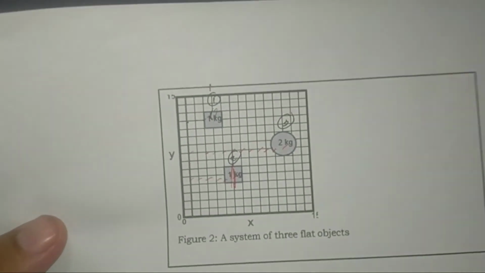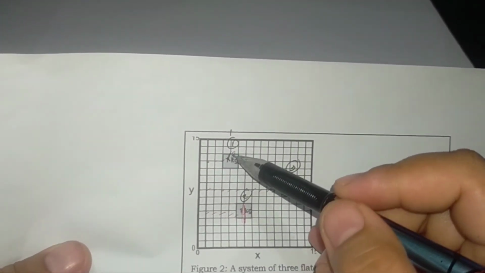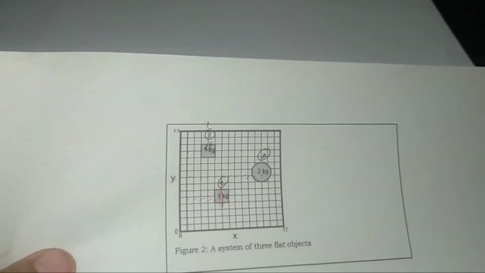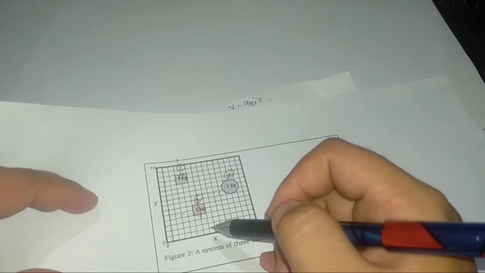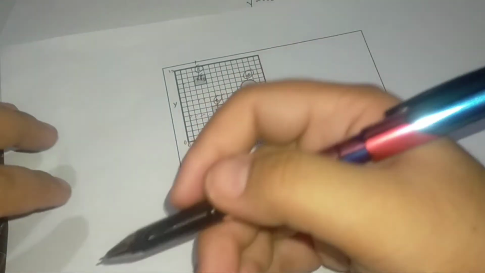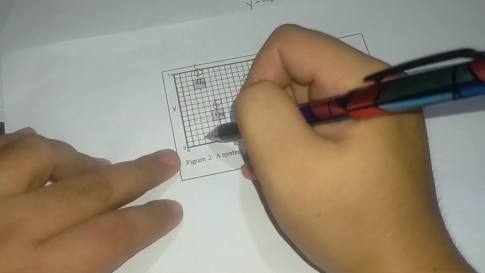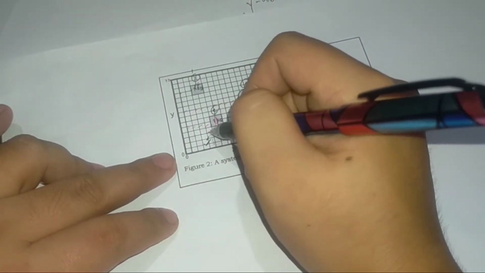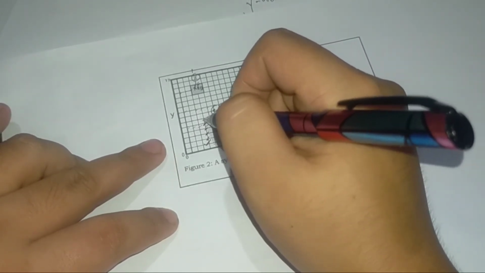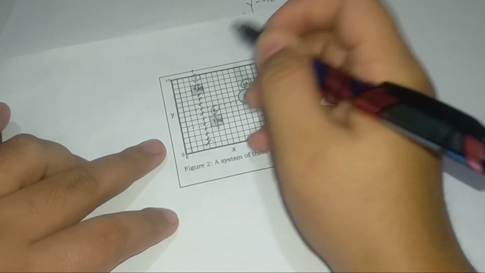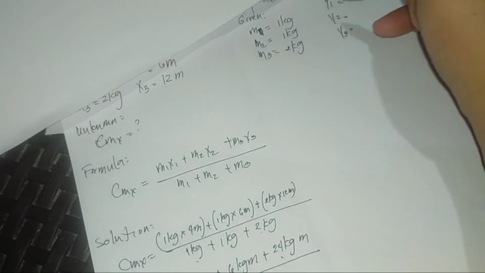Going y-axis naman tayo. So let's start with 1. Since this one is 0, start tayo doon. So count na naman natin. So we have 1, 2, 3, 4, 5, 6, 7, 8, 9, 10, 11, 12. So we have here y1 is 12 meter.